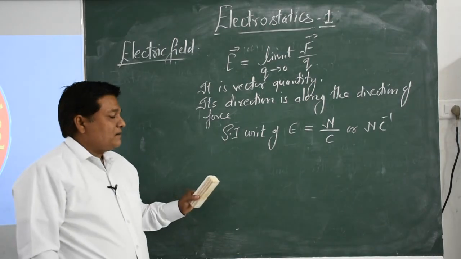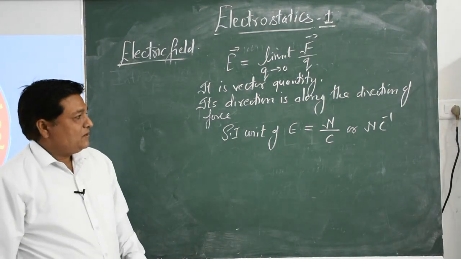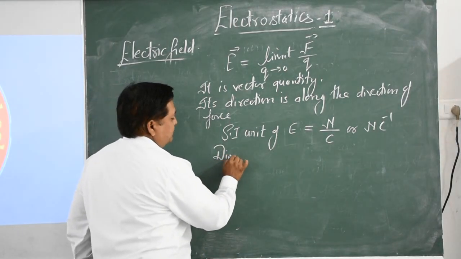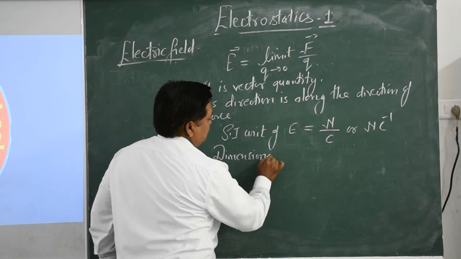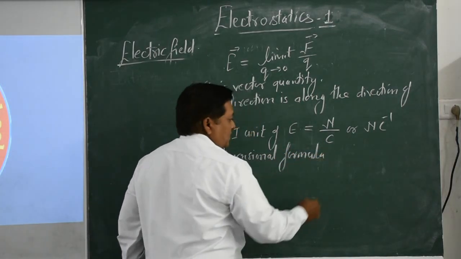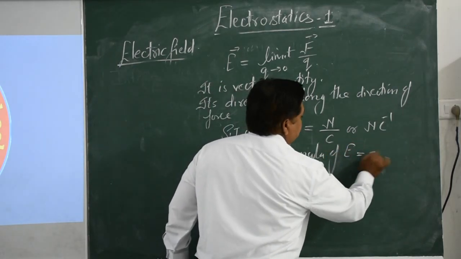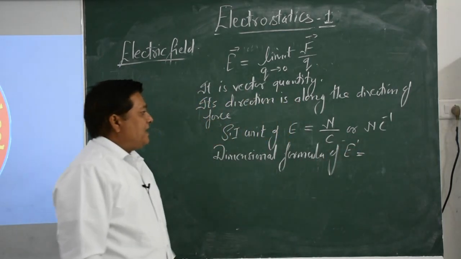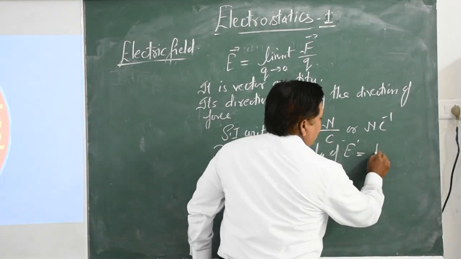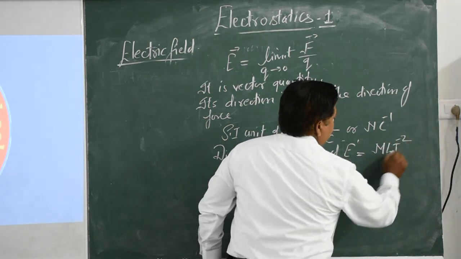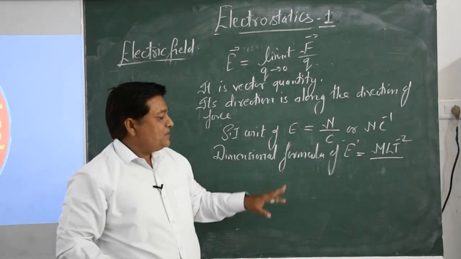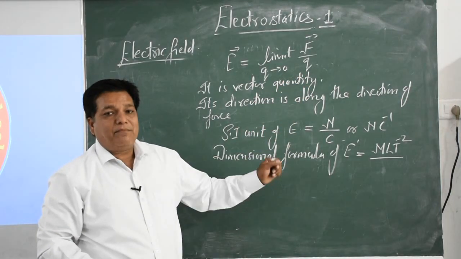Then what will be the dimensional formula of electric field? So let us take out the dimensional formula also, of E. The dimensional formula of force is MLT to the power minus 2, and here we have charge Q. The dimensional form of charge is A into T, ampere into time.